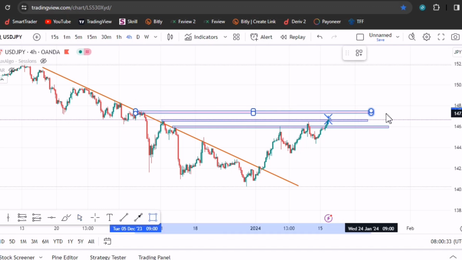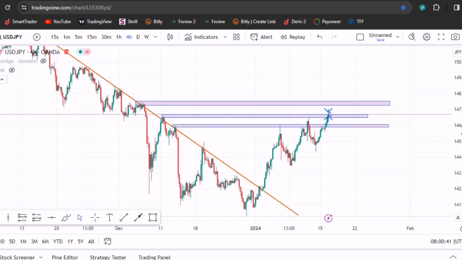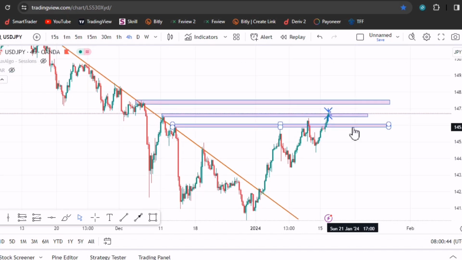I'm marking the ones that are around the point where price is. So if you find a sell entry, this target is supposed to be your take profit. If it's a buy entry, this target is supposed to be your take profit.